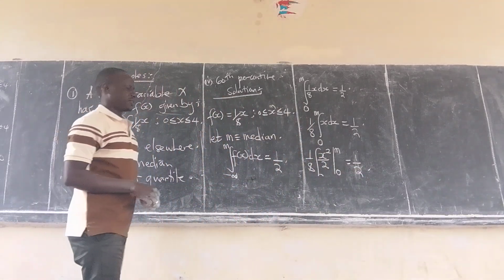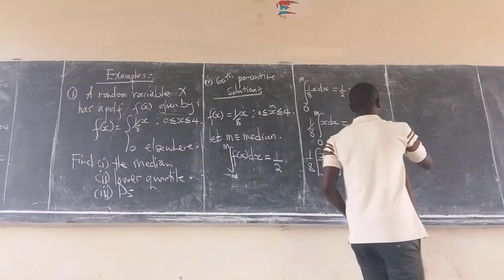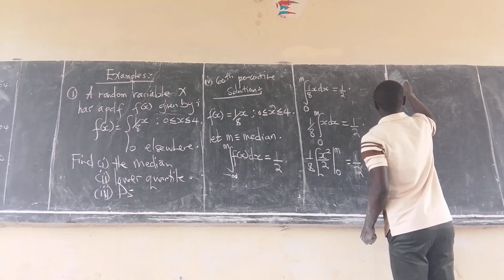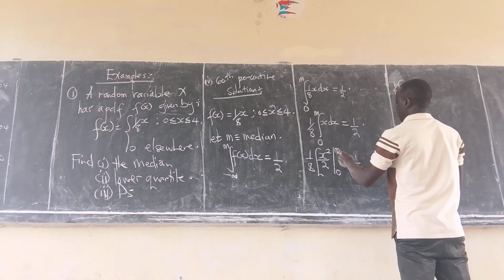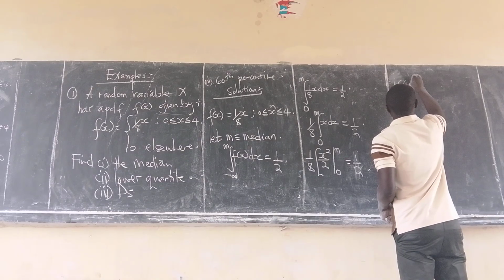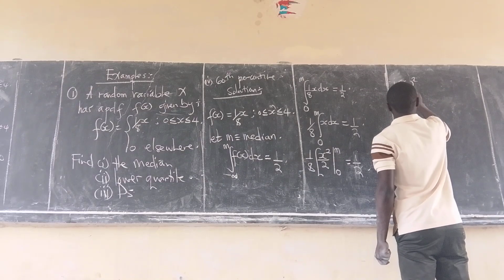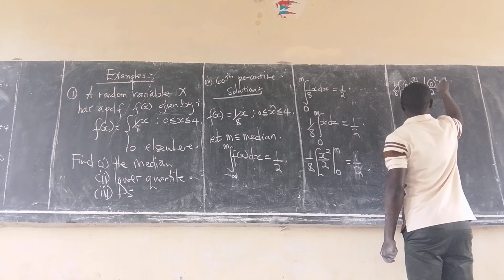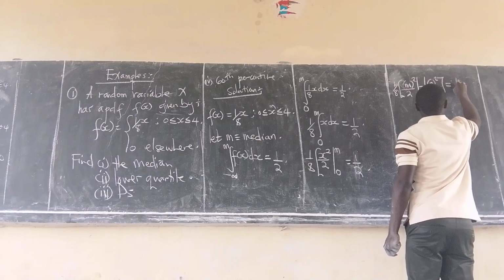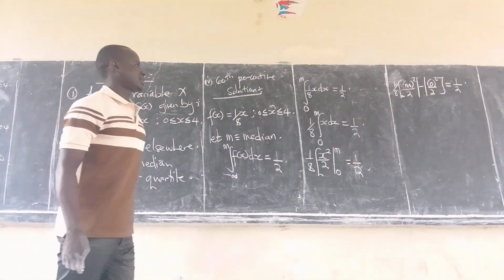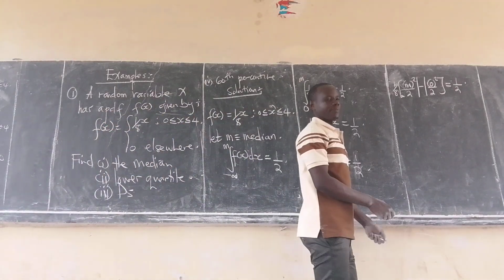We are now substituting in. Putting the upper limit, we have 1 over 8 into m squared over 2, minus 0 squared over 2, and the answer is a half. So we are now reducing it and solving it to get m.